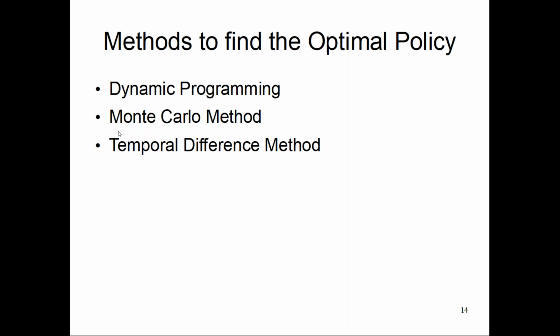Let me just tell you again. When it is a transition where the states, rewards and probabilities are all known, the environment is defined, and you are using dynamic programming. When the environment is not clearly defined, then you are using either Monte Carlo or temporal difference. Monte Carlo you are still able to use when it is a limited sequence.